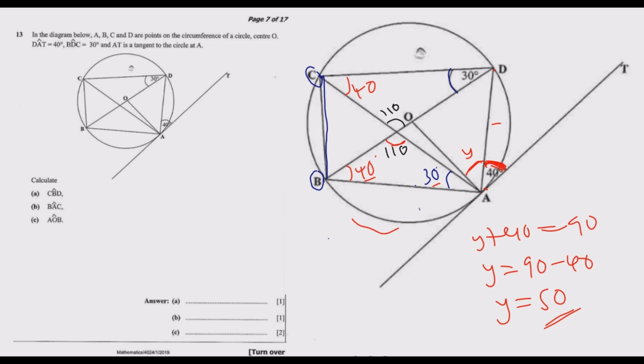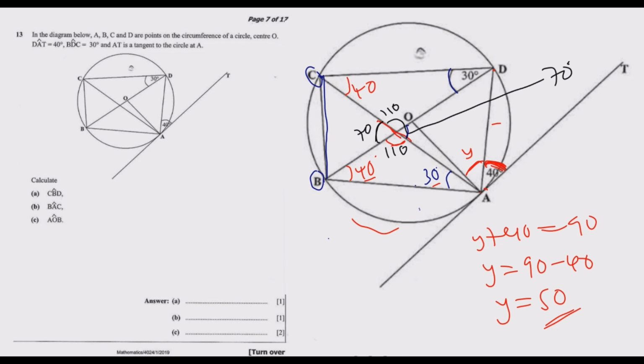Then you can find this angle, because we know that a straight line is always 180. So this angle will be 180 minus 110, which is 70. Then this angle is also 70 degrees, because they are opposite angles when two lines cross.